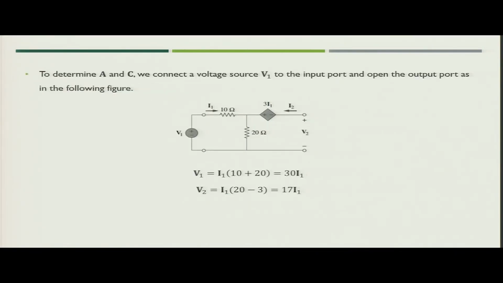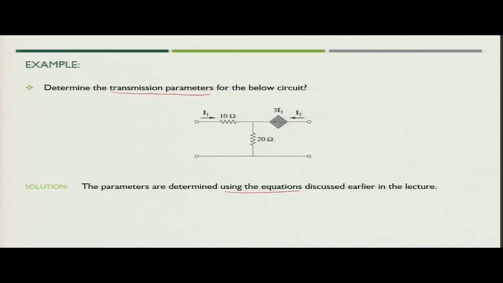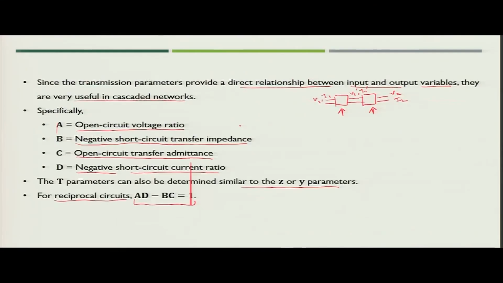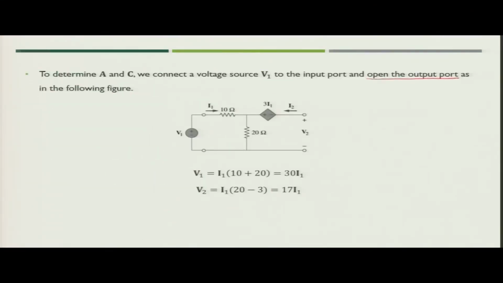In the first case we are opening the output port, and at the input port we have a voltage connected, that is V1. We put these values in the ABCD equations by setting I2 equal to 0.